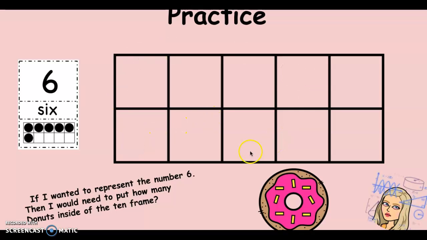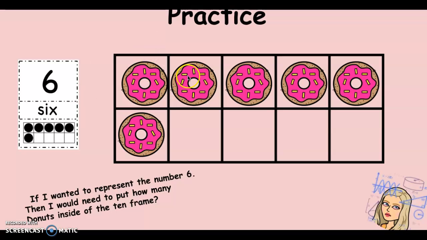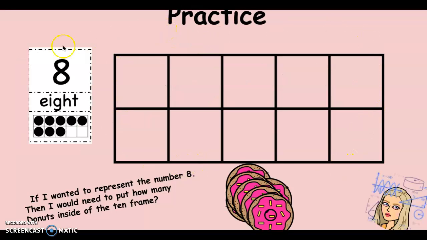If I wanted to represent or show a quantity or show the number 6, how would I do that on my 10 frame? How many donuts would I put to represent the number 6? 6. That's right. 1, 2, 3, 4, 5, 6. I have 6 donuts inside of my 10 frame. What about this number?